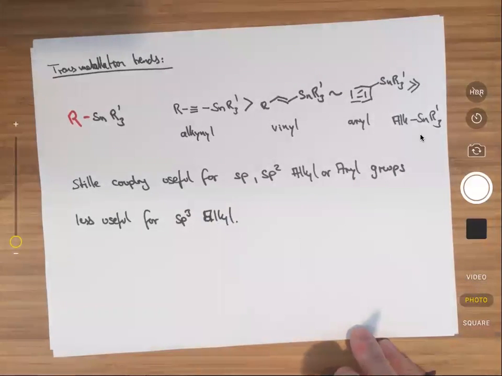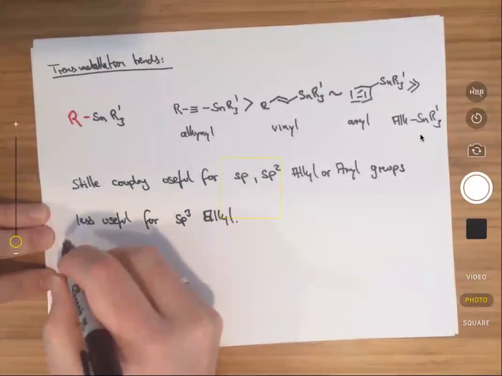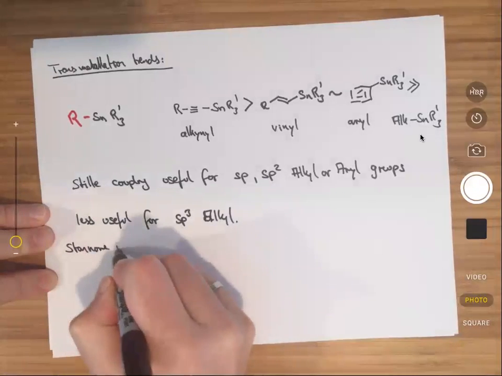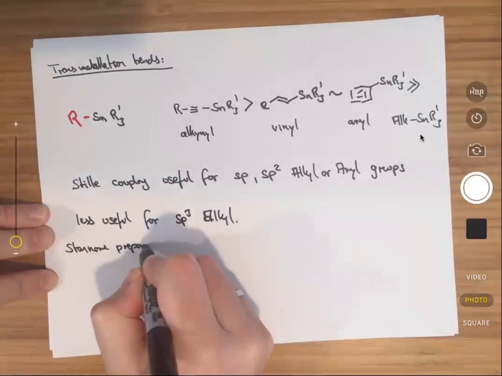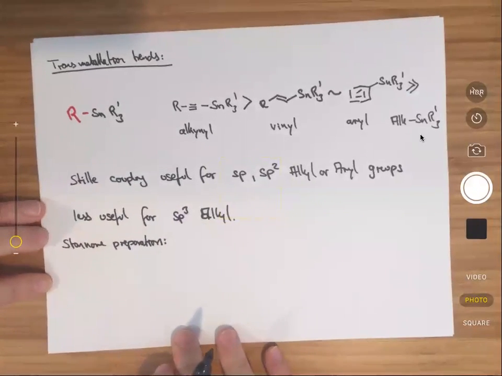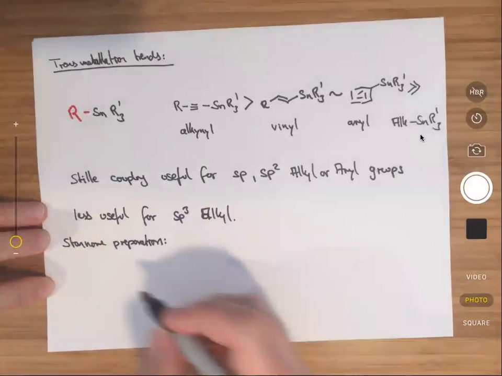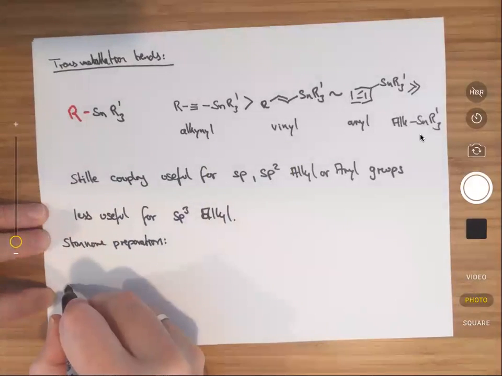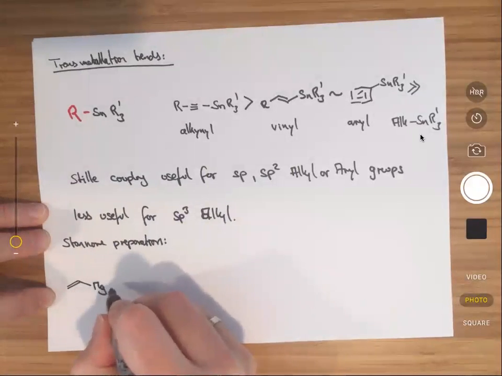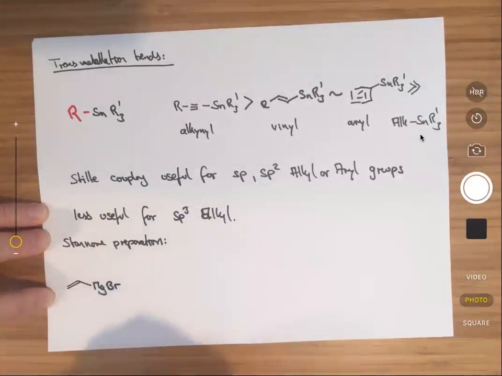Now, the last thing that we want to quickly talk about is how to make these stannanes, and that's relatively straightforward. And we can use a similar trick as we have used previously for making the boronic acids. So we can start from a simple Grignard reagent, so something like this, for example, magnesium bromide here.